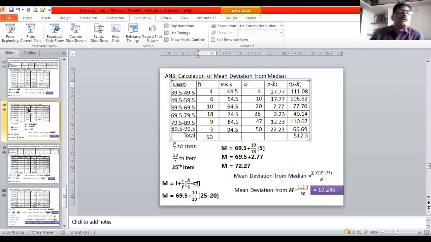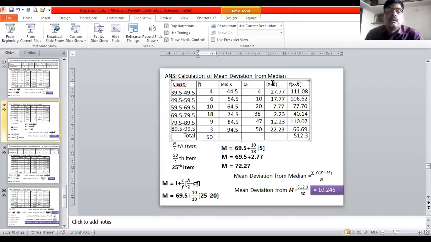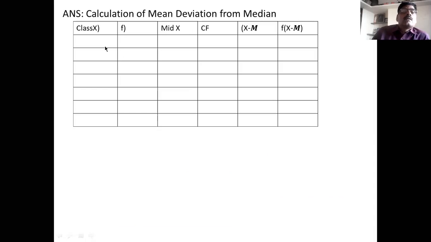Second column, frequency. Mid x, then modulus of x minus x bar. You have to change it. Instead of x bar, you have to take median. You take median.